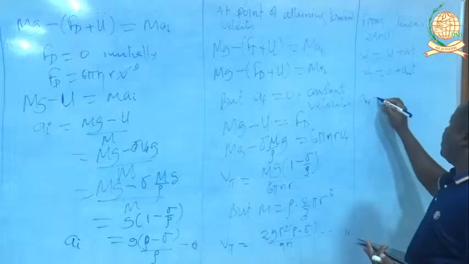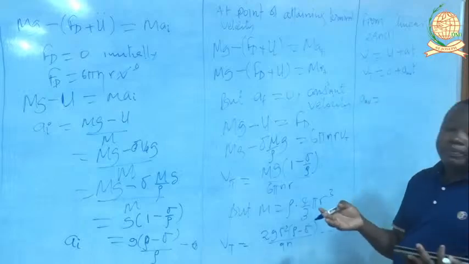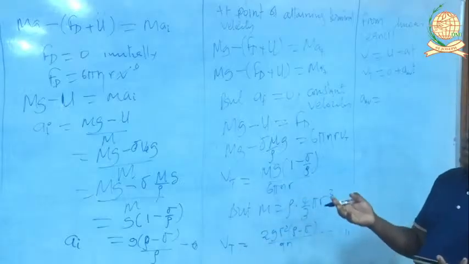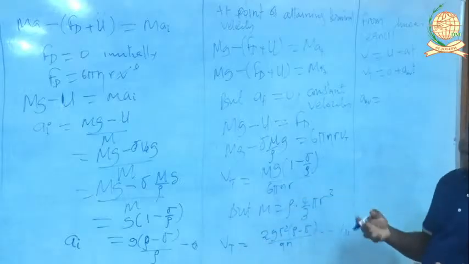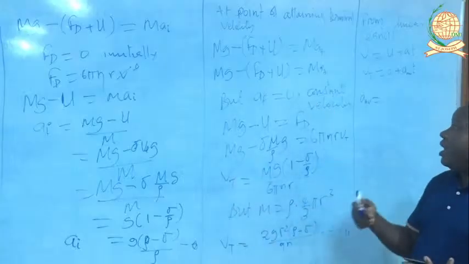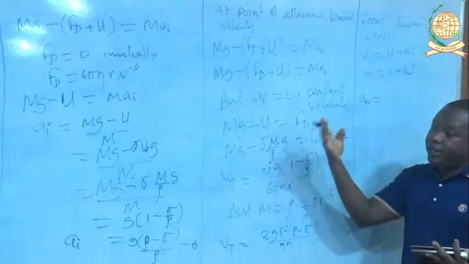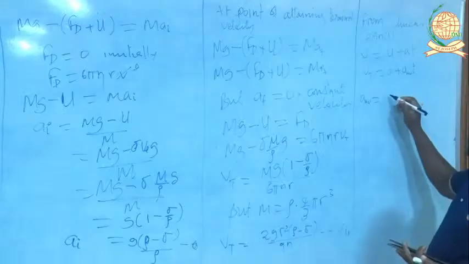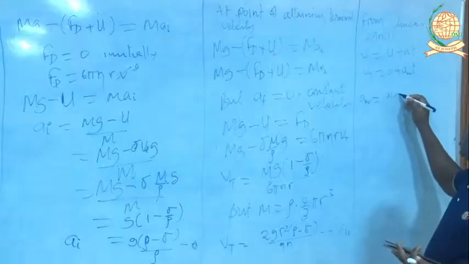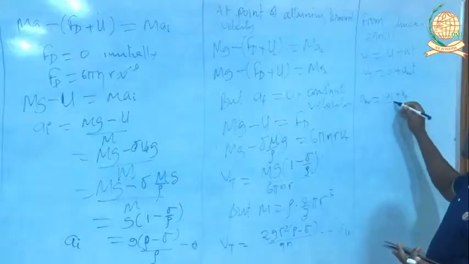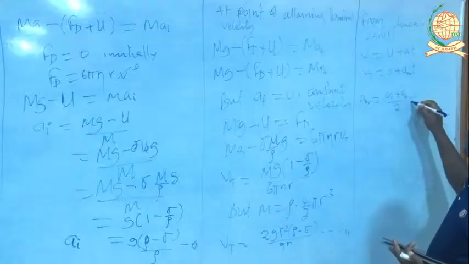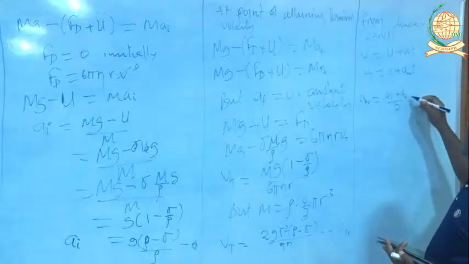So what is a? According to this problem, we have been told that the average acceleration is just half of the initial. But even if we were not given, average acceleration is taken by initial plus final acceleration divided by 2. So this is equal to 0.